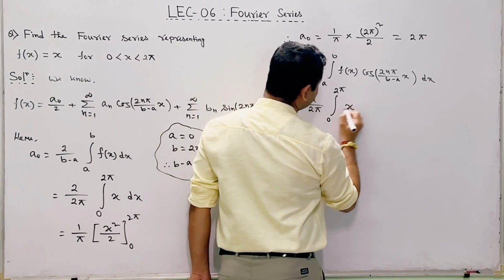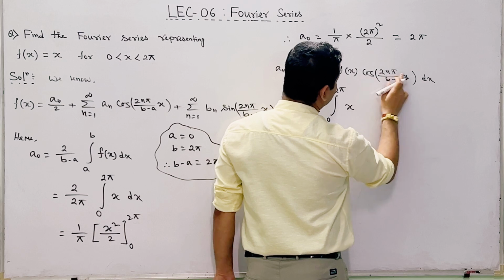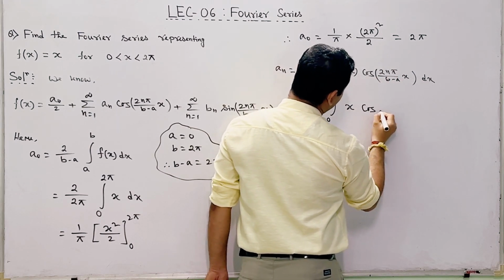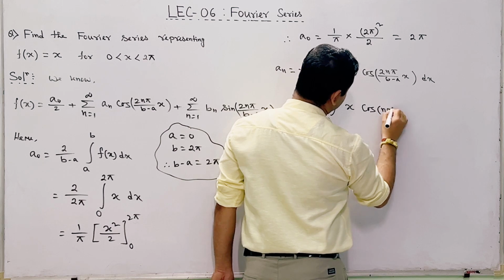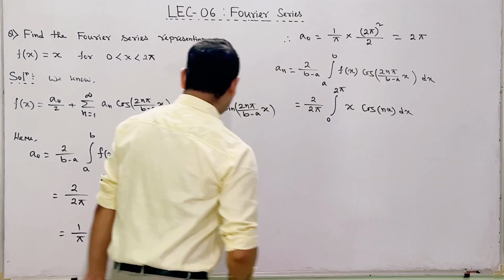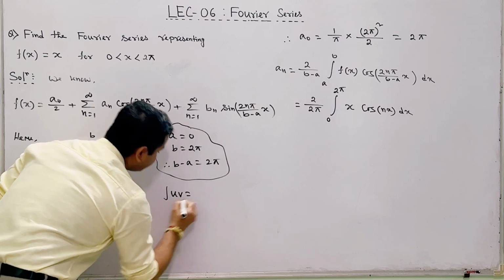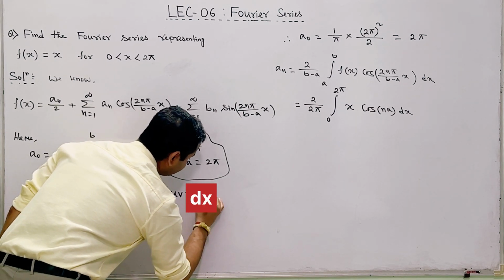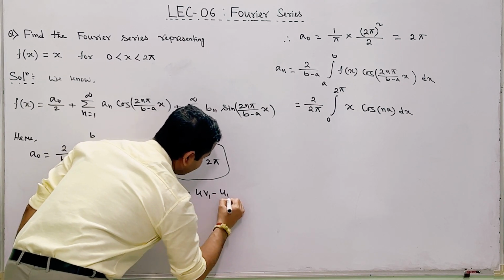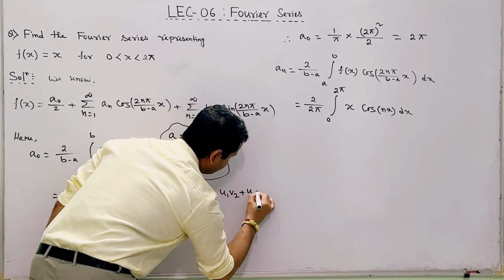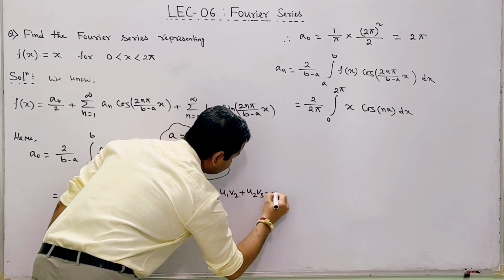F of x means x, cos twice n pi divided by b minus a into x will be equal to cos nx into dx. Next let us apply this formula, integration u into v equal to u into v1 minus u1 into v2 plus u2 into v3 minus dot dot dot.